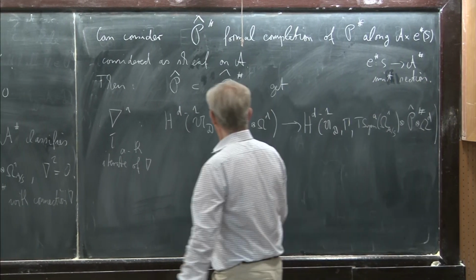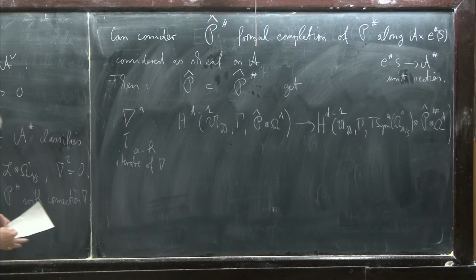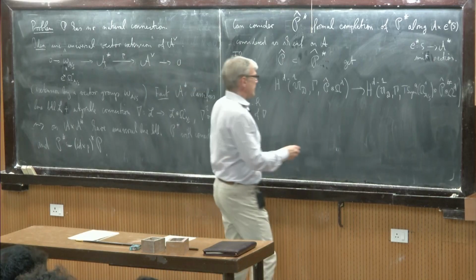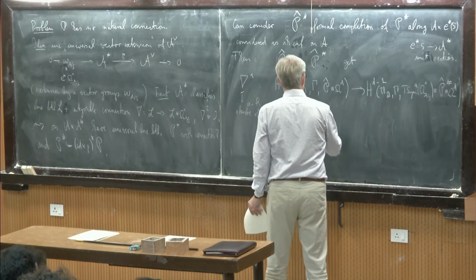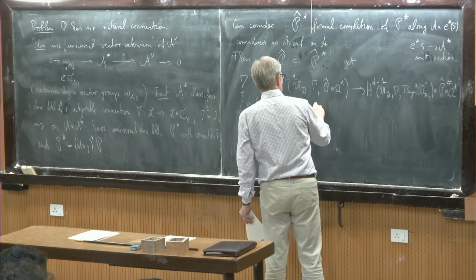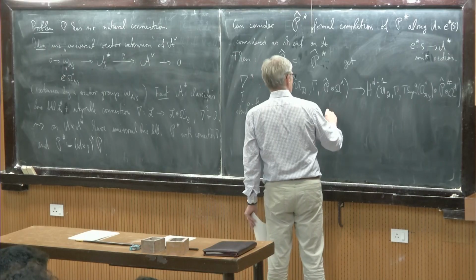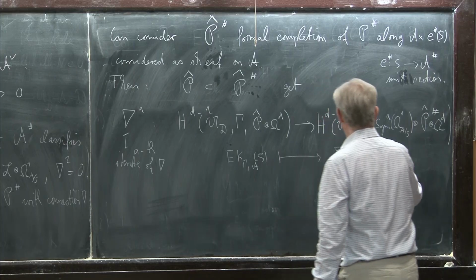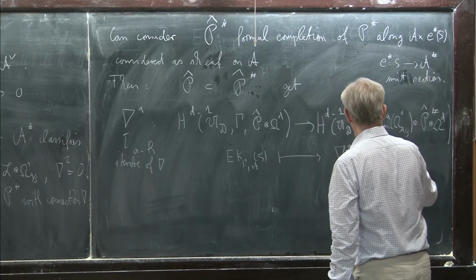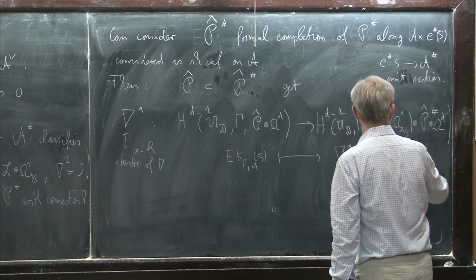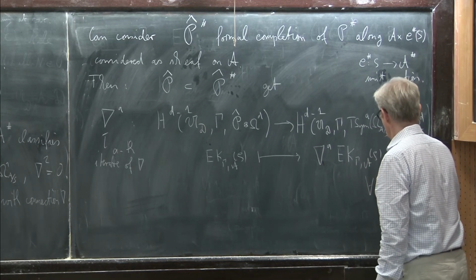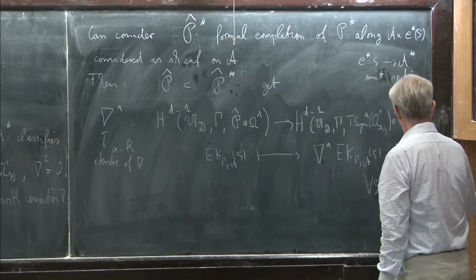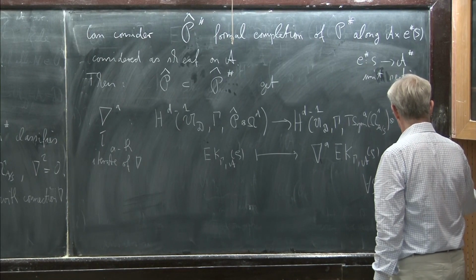Okay, so we can now derive our classes. And so from the Eisenstein-Kronecker class here, we get nabla to the a of EK applied to gamma A, rho, for all rho in this space of functions supported just on the torsion points.